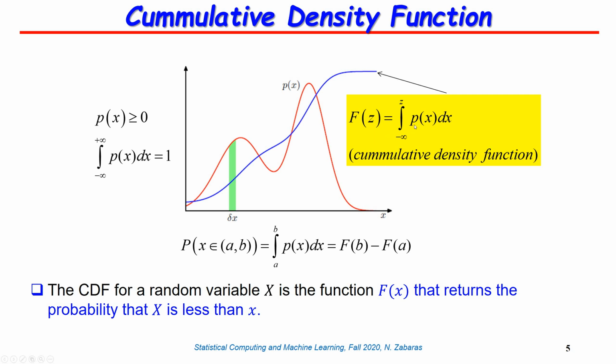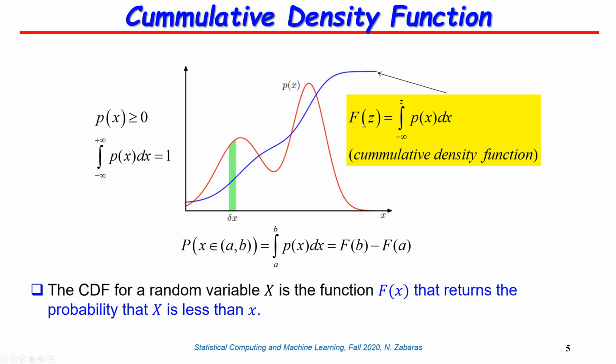The CDF is the area under the PDF p of x from minus infinity to the location of interest. So if you take any particular location and you integrate all the area from minus infinity to that location, that gives you the CDF at that location. So the probability of x belonging to the interval a, b is given by the difference of the CDF values: the value at b minus the value at a.